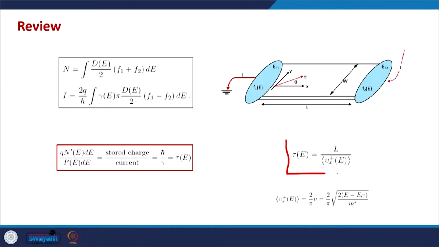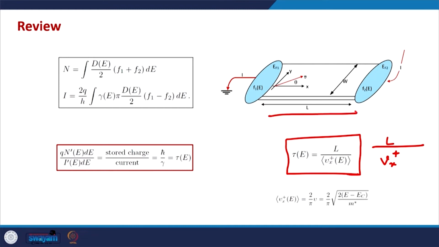After this, what we saw was that in a ballistic case, ballistic meaning the electron starts from the source terminal and goes directly to the drain terminal, the expression tau E turns out to be L divided by Vx plus, the velocity of electrons in the positive x direction.